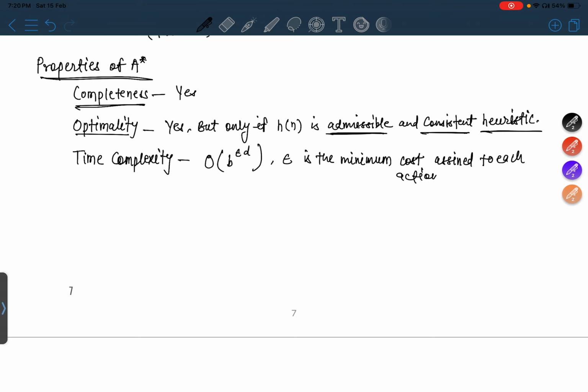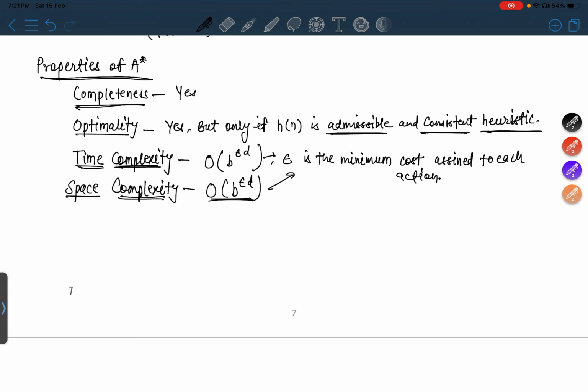Remember we talked about this epsilon cost in great detail, why it is necessary, when we were discussing the uniform cost search. Space complexity is also the same, since all the nodes need to be stored in the priority queue.